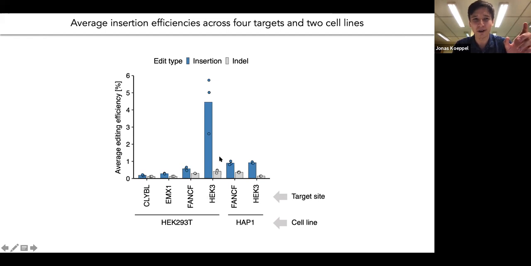And then there's a bit of a weird one: the HEK3 site has a SNP in the reverse transcriptase template that we're using. We're using a 34 nucleotide reverse transcriptase template, which we picked because this was what the original paper used for their loxP insertion into the HEK3 site. We tested a few lengths in the HEK3 site and noticed that 34 works best. However, I think for almost all other sites, it's too long. But because of the SNP, maybe that somehow affects the binding energies so that 34 works very well, but it's suboptimal for the others. Just two speculations.